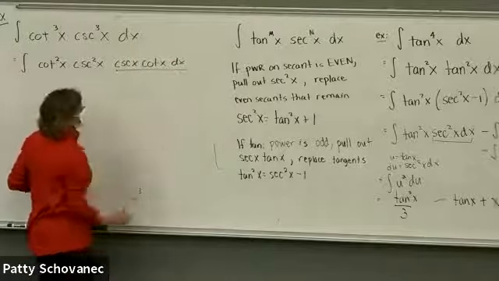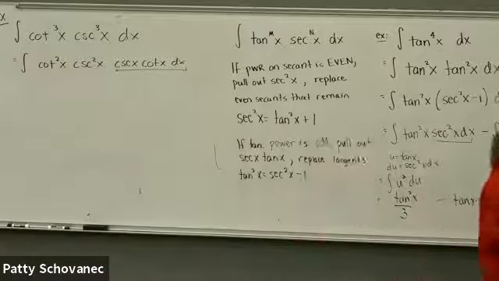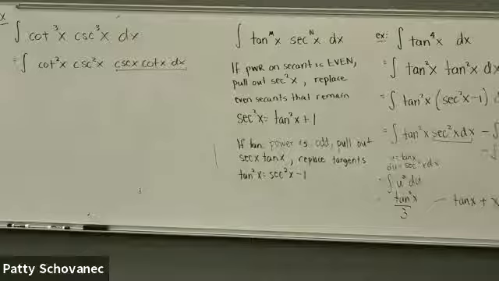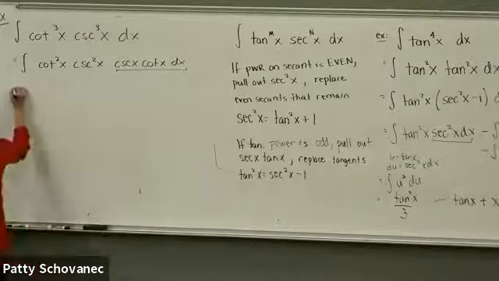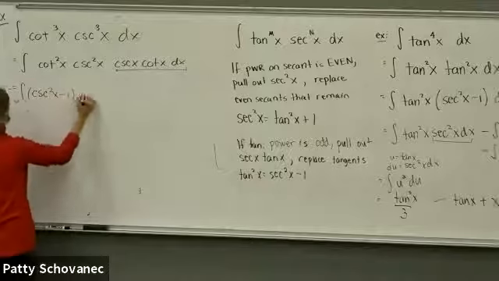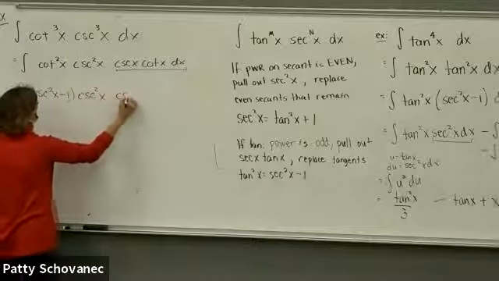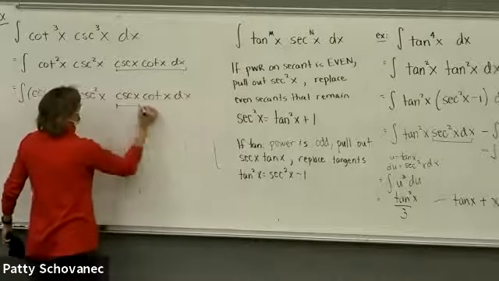So I'm setting up my du. That comes from taking the derivative of a cosecant. So I need everything else in the integral to have nothing but cosecants in it. I've got an even power on a cotangent. Let's replace cotangent squared with cosecant squared minus 1. Again, that's going to be a du.